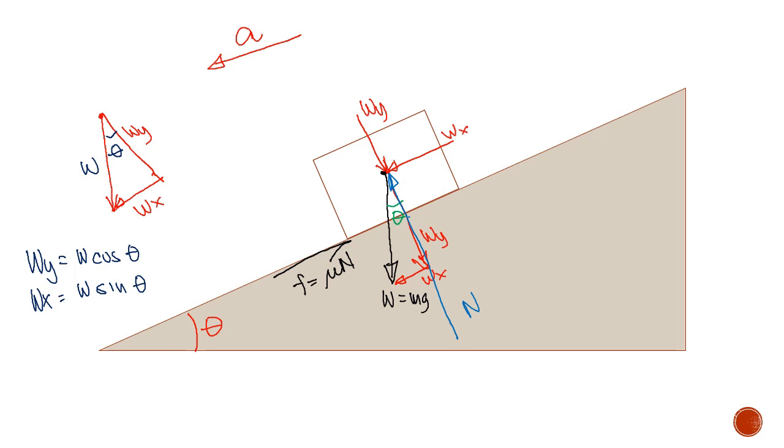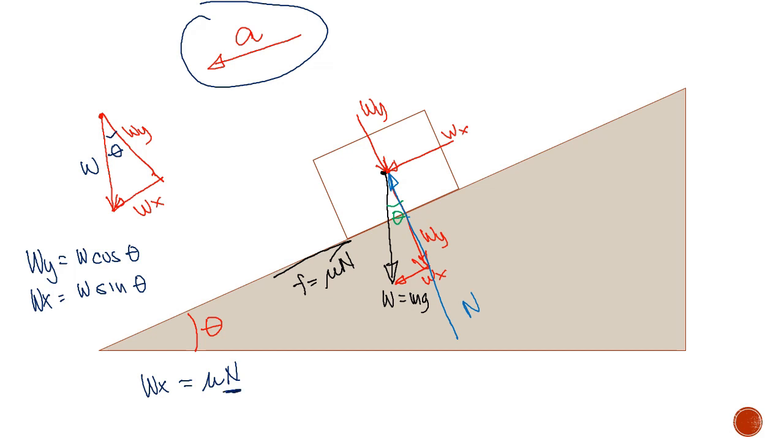Now, if we try to sum up forces horizontally, if this block is resting and there is no acceleration, for example, it is just resting on that inclined plane, we will be having W sub x equal to the frictional force F, and that is equal to mu N. Now, what is N now?